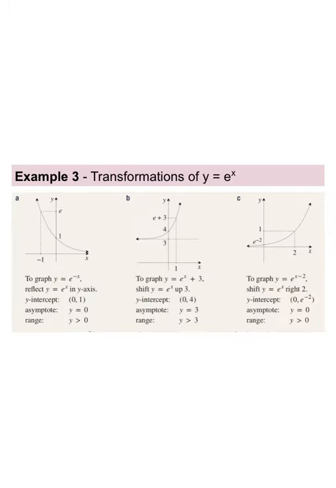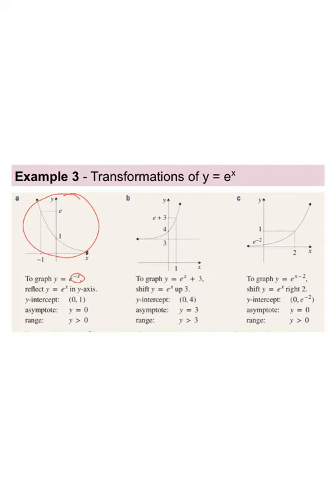Now remember in part A, we replaced e to the x, we replaced our x with a negative x, and replacing x with a negative x reflects it in the y-axis, and you can see here this is a reflection of our original function.